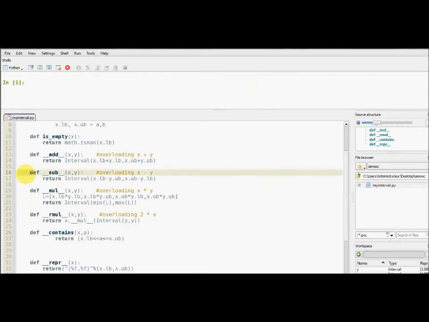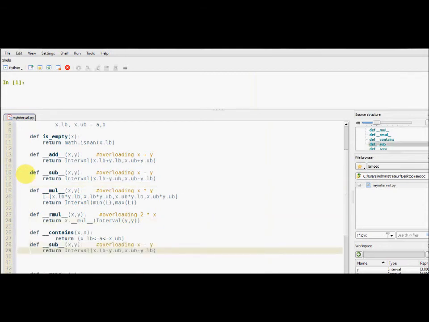I will now implement the division. So in Python it is true division. For the true division of x and y, so here division, return. So I have different cases.